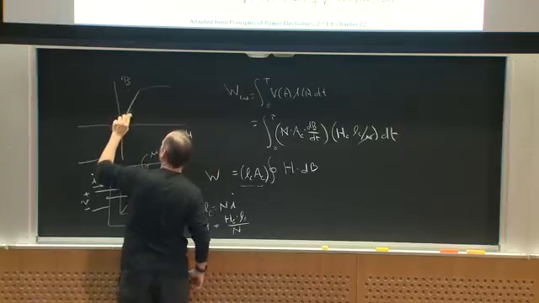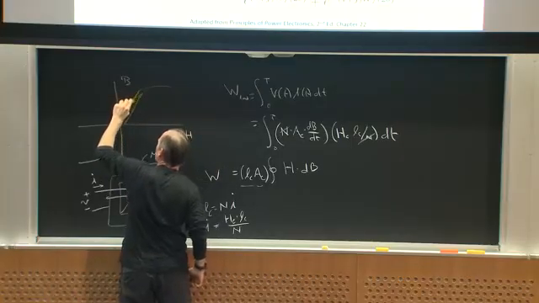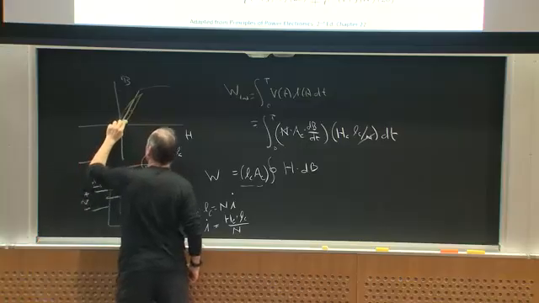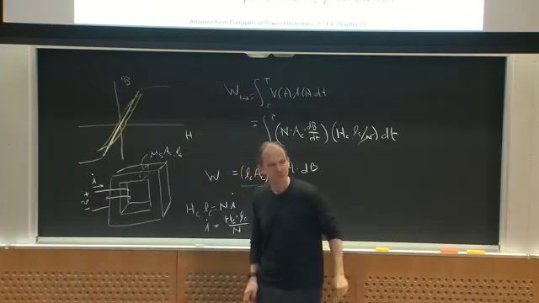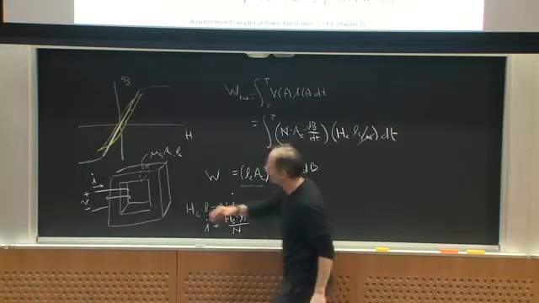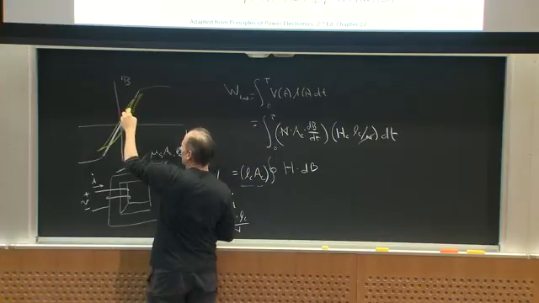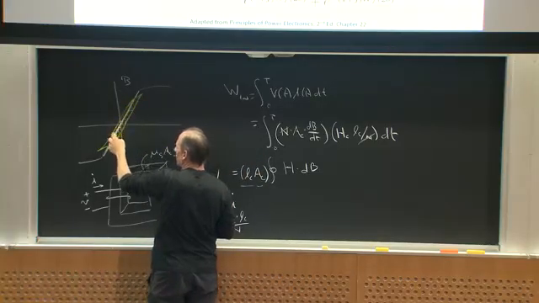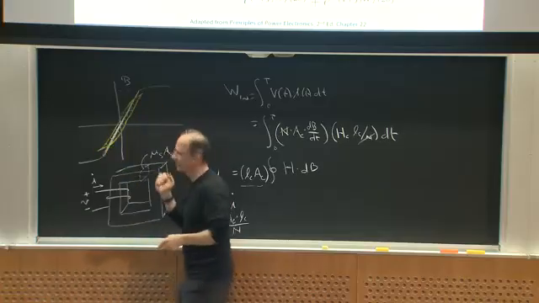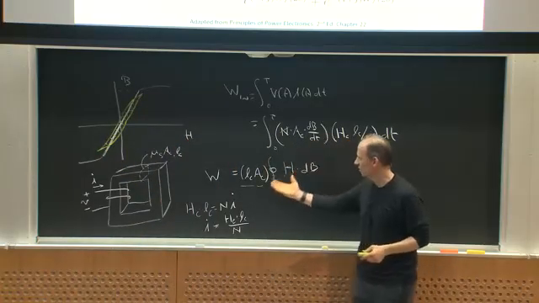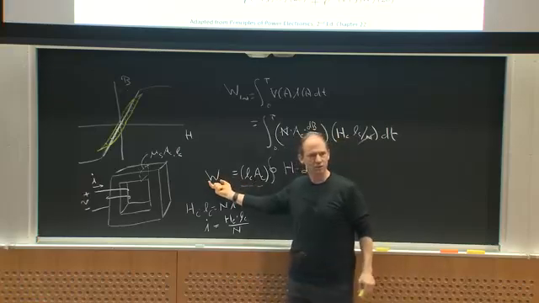It goes up, and then it comes down with some slight spacing like that. Okay? And if I think about the integral of HdB, that's really this area. Okay? So H and B really form a hysteresis loop, and the area inside that hysteresis loop is the energy I lose in a cycle. Any questions about that?